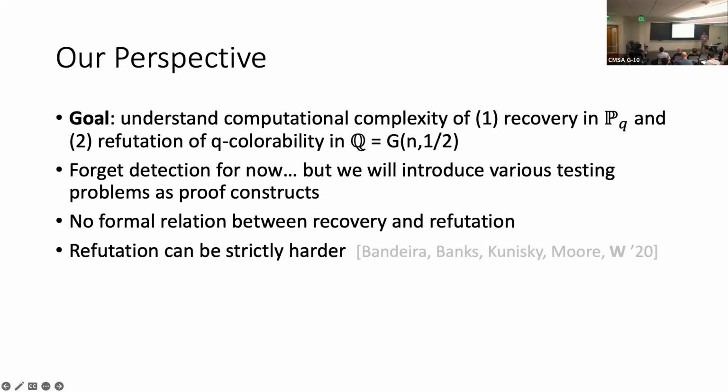And you can legitimately have situations where we think one is harder than the other. So refutation can be strictly harder than recovery, and you can also cook up examples where it goes the other way. So one point I want to make here is that these are two different problems that really need to be treated separately if we want to understand them.